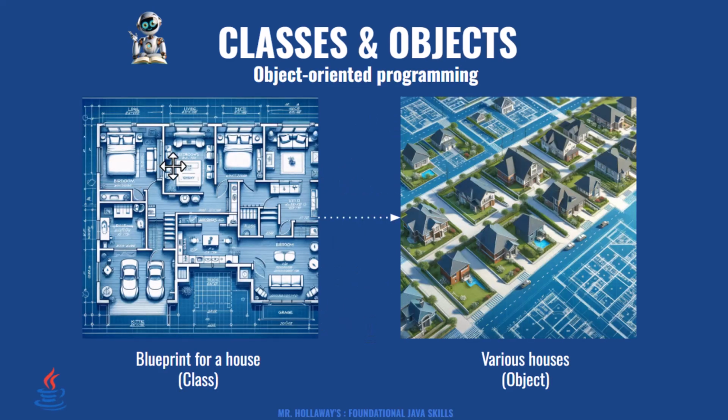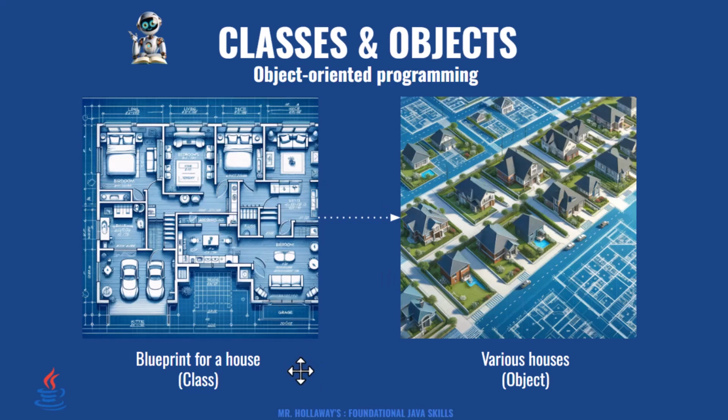So a class. On this side is a blueprint, and imagine a class is a blueprint. On this side is basically we're taking the blueprint and making many different houses. And so this is an object. So what we're going to do first is develop a blueprint, and then with that blueprint, we're going to make several different instances or objects of this particular blueprint.